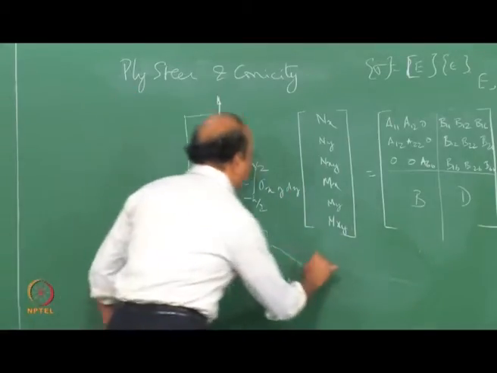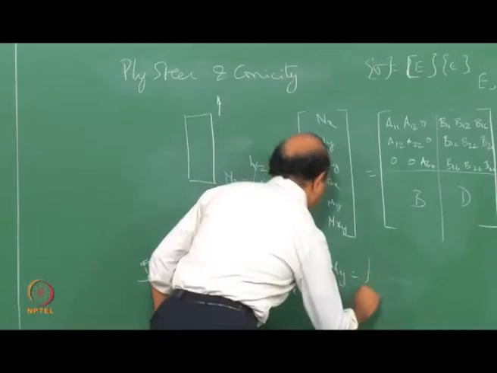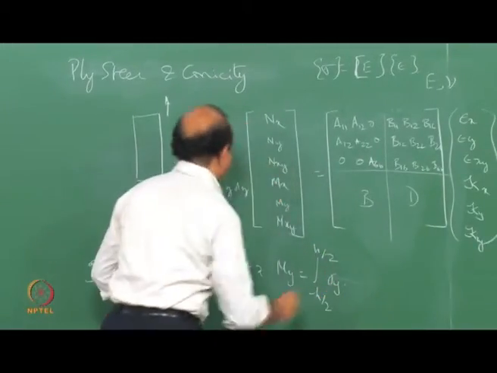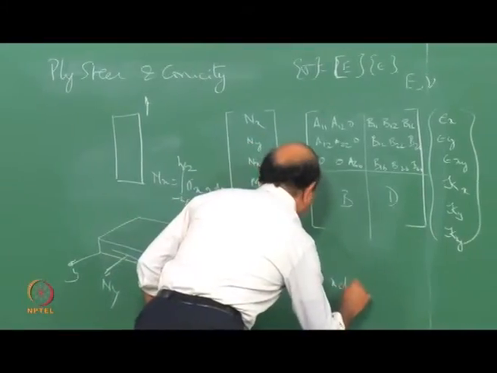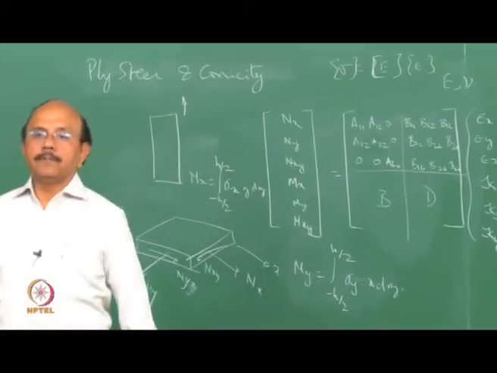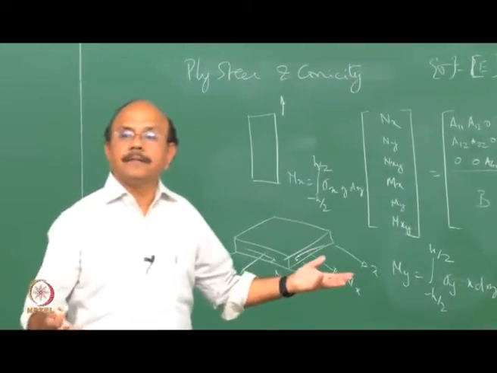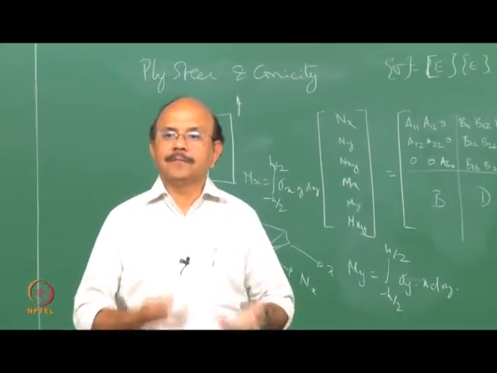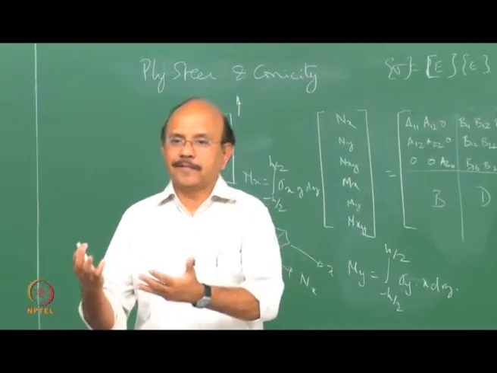Similarly, My is the integral from minus h by 2 to plus h by 2 of sigma y times z dz, right? And what is Mxy? Sigma xy multiplied by z.